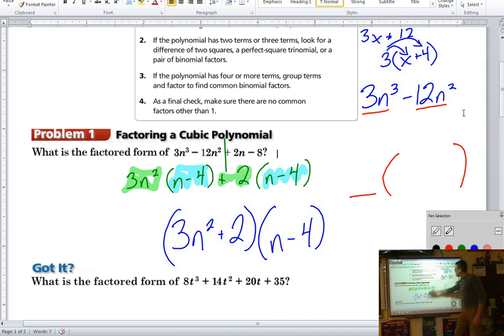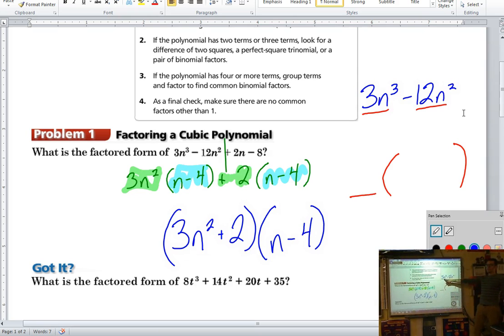We're doing the same process, but now, because they both have variable terms, I can also factor out a variable term. So when looking at the coefficients, 3 is the biggest numerical value that I can factor out. But then if I look at the variables, I have n to the third and n squared.